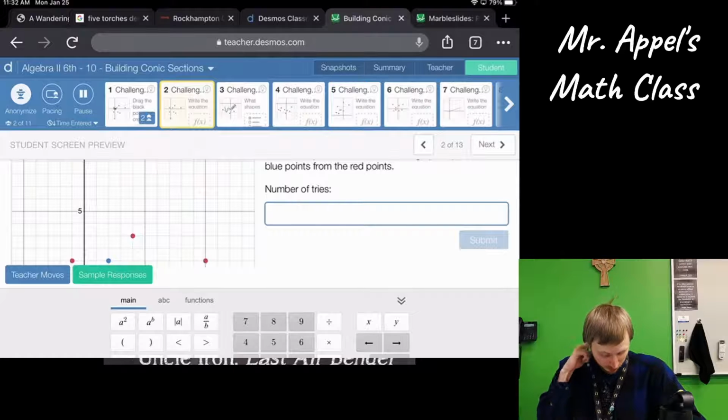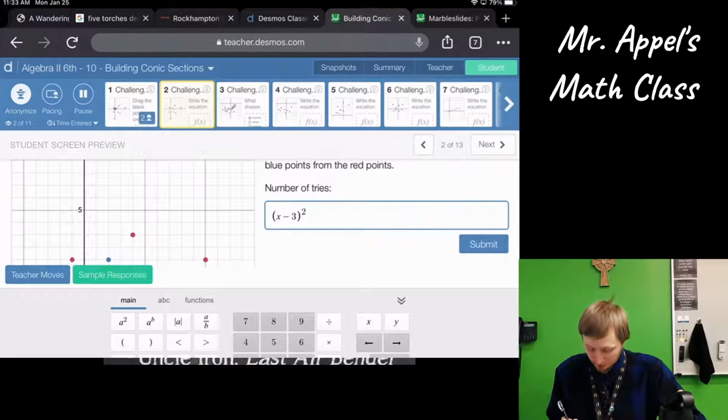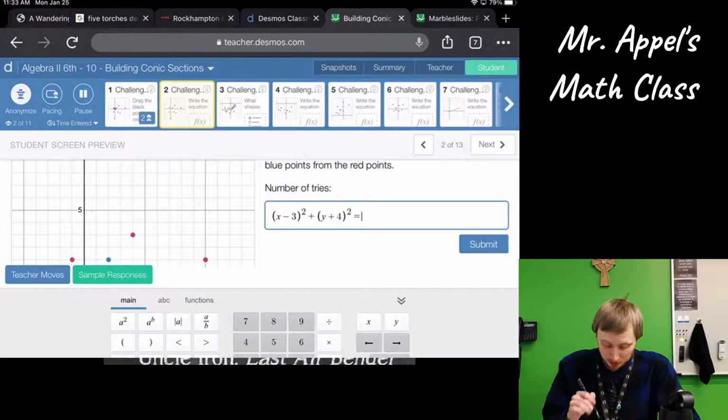So let's see, circle, so I'm going to need x in parentheses, x minus 3, squared, and plus y plus 4 squared, minus negative 4. It's my center. And that equals the radius squared.